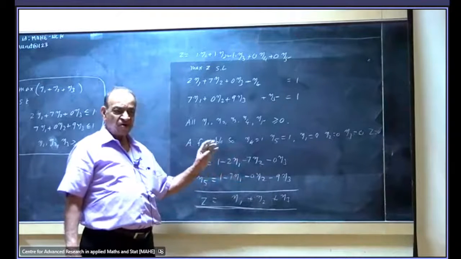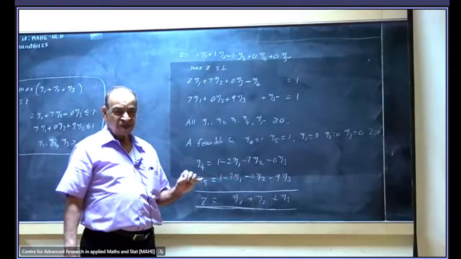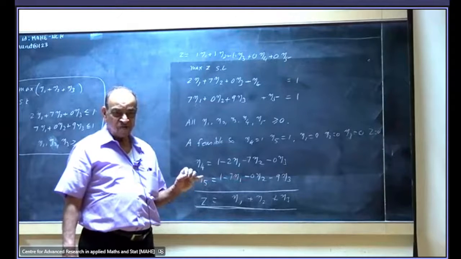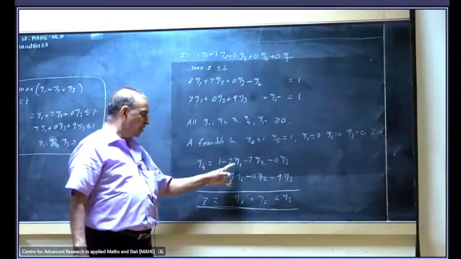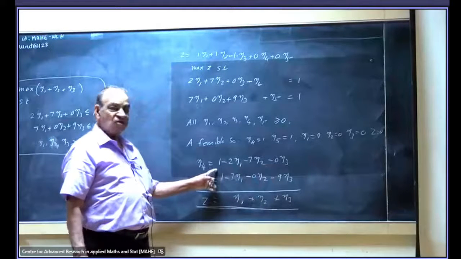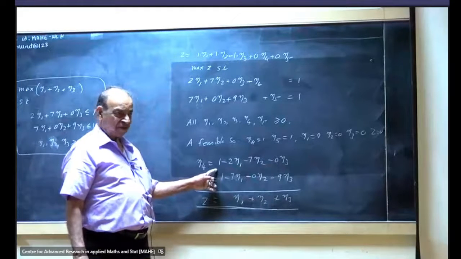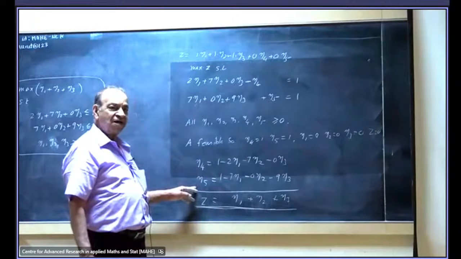Non-basic variables always take the value 0. In general, the basic variables take only positive values. So if I put eta 1, eta 2, eta 3 as 0, I get eta 4 as 1, which is positive, therefore this is a basic variable. Similarly, this is a basic variable.